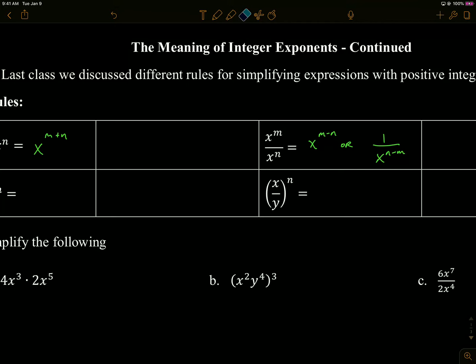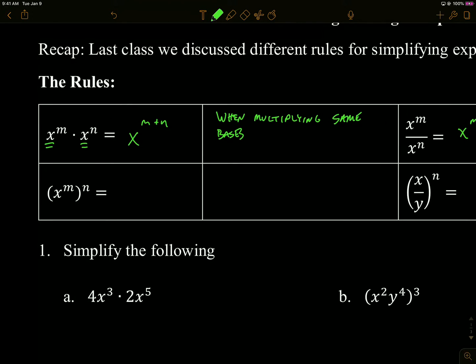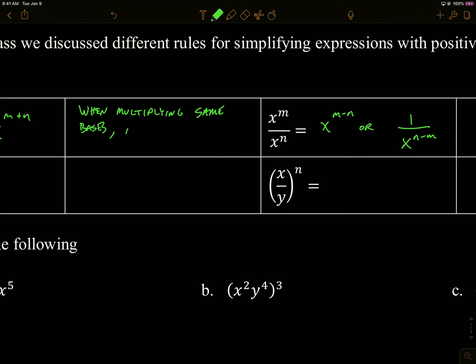All right, so if I write it out in words, when we multiply the same bases, they have to be the same. You can't have like an x here and a y there. When multiplying the same bases, you add the exponents.